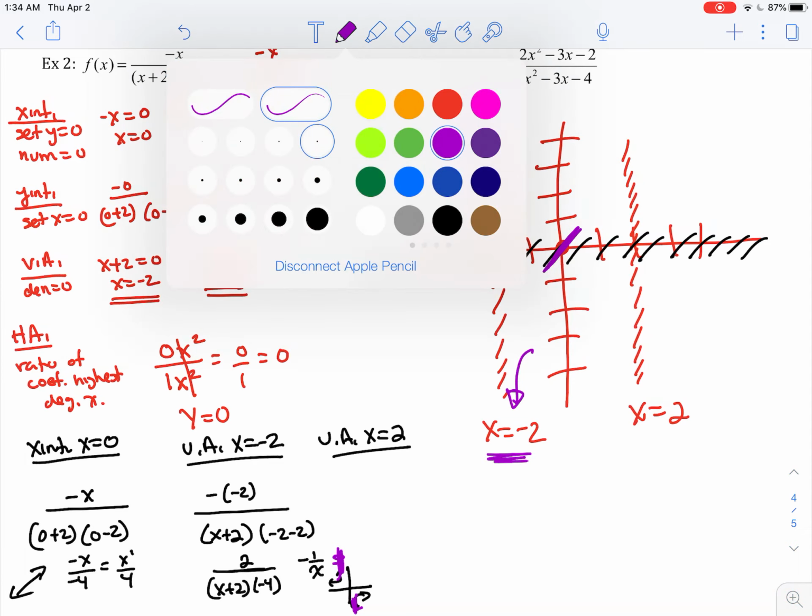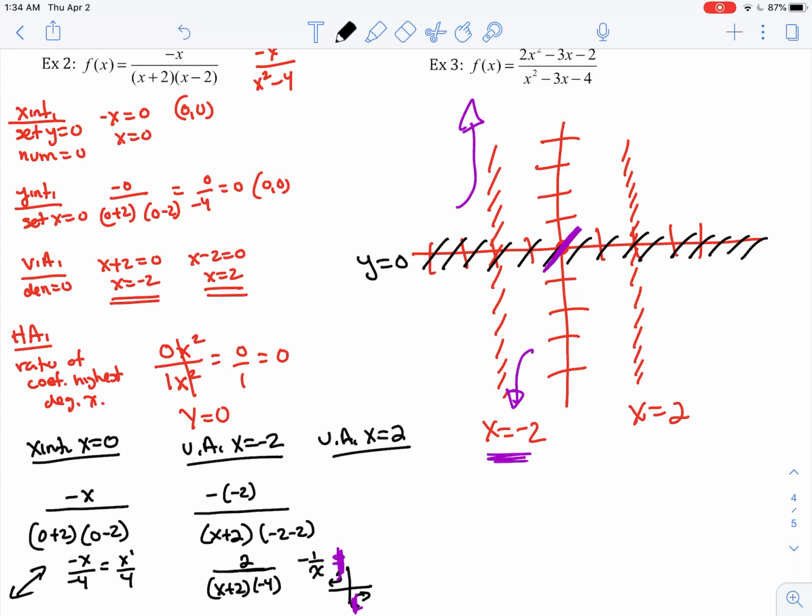And our last behavior that we're looking at is as we approach the vertical asymptote at x equal to +2. And x equal to +2 came from that factor of x minus 2, so we're going to leave that factor alone. We're going to take that value of 2 and plug it into the other x's where it did not come from, those non-zero terms.